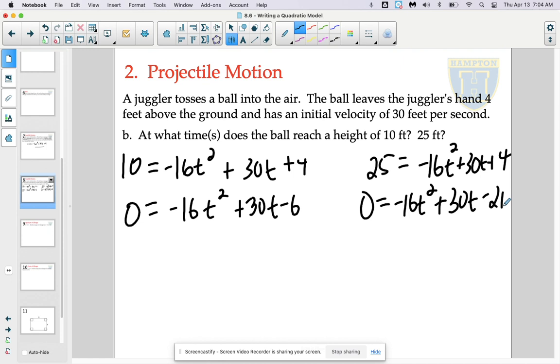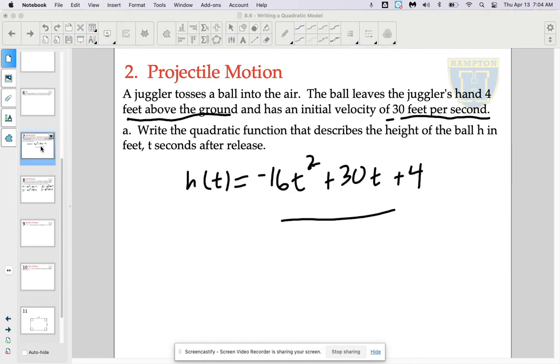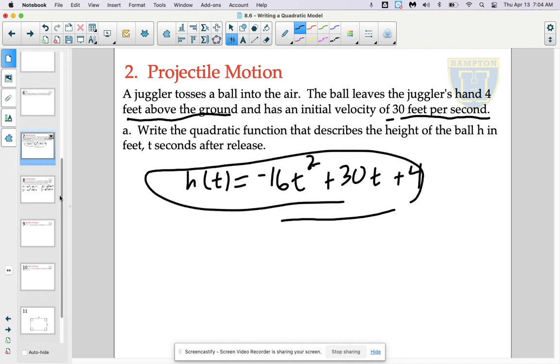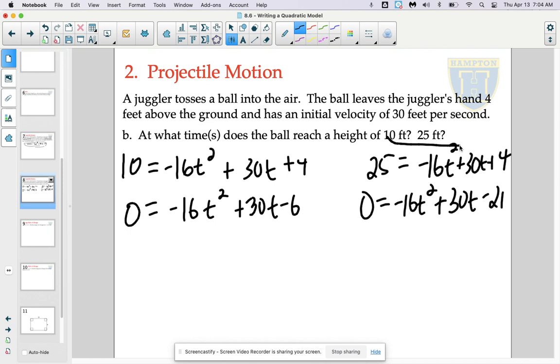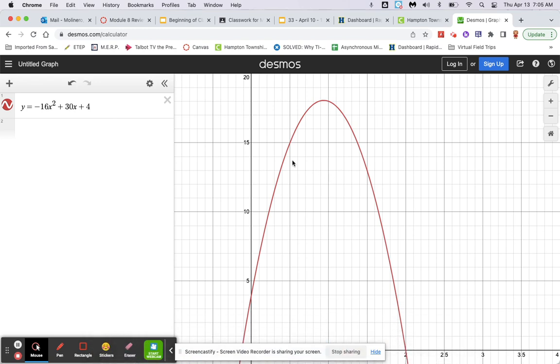This is a situation where it might be easier to transition to the graph of this function and look at potential intersection points between this function and these two heights. That doesn't mean you couldn't use the quadratic formula on both of those equations in an attempt to solve them. It just means that maybe there's a more efficient option. So let's transition to the graph.